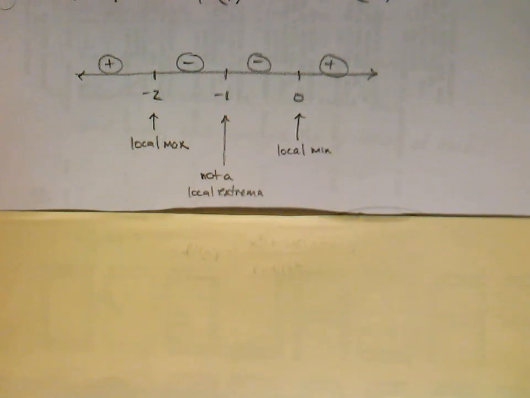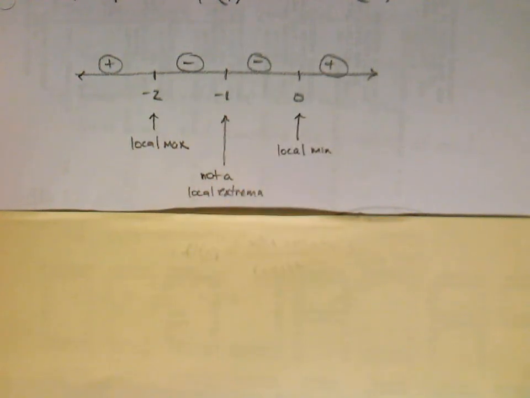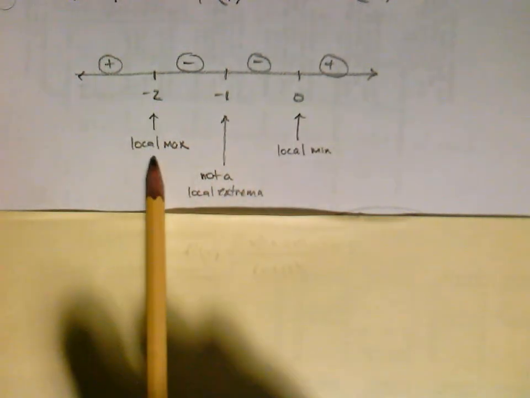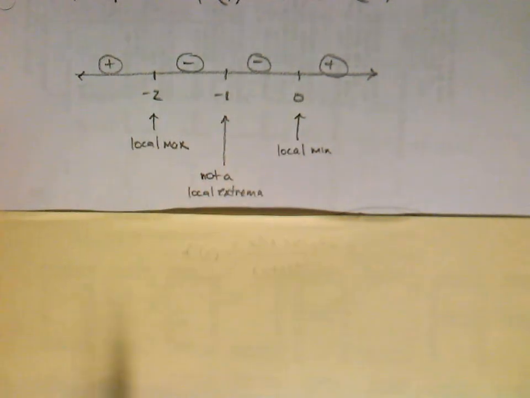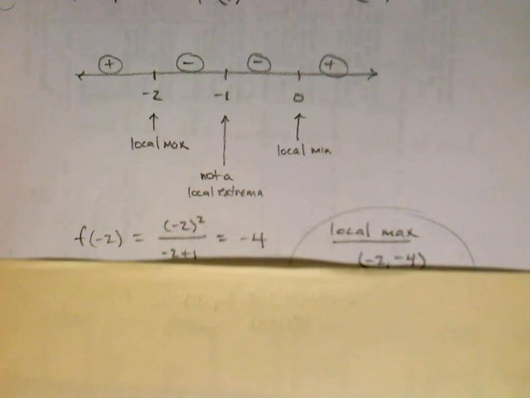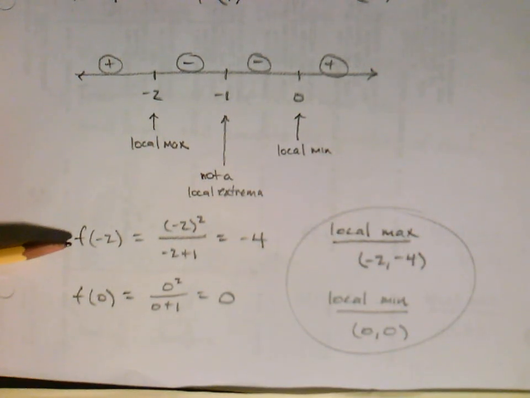So, okay, we're ready to finish this off. I can see where my max and min occur, but now all I know is the x values. I would like to know those y values. So I'll take the -2 and the 0, and I'll plug them into the original function to get the y value.